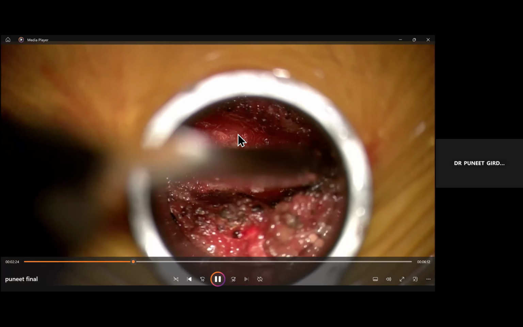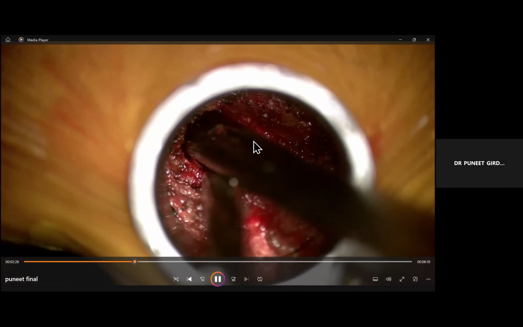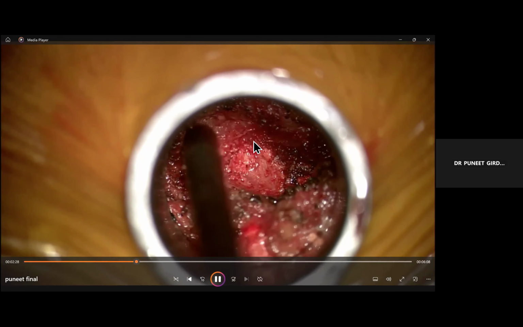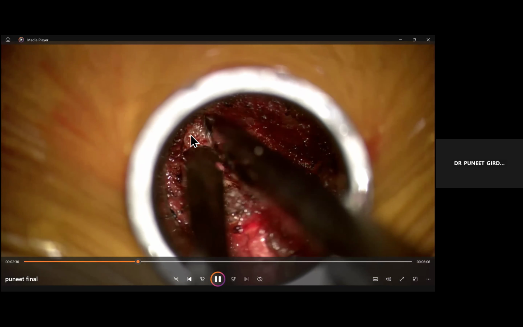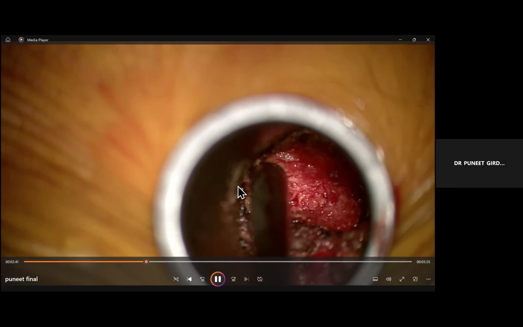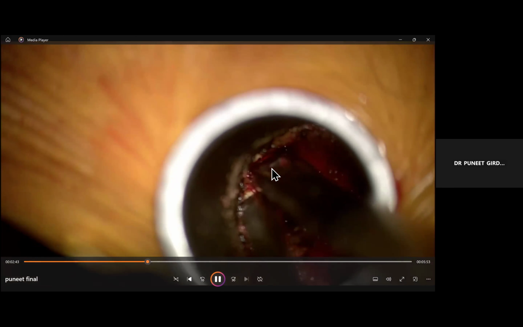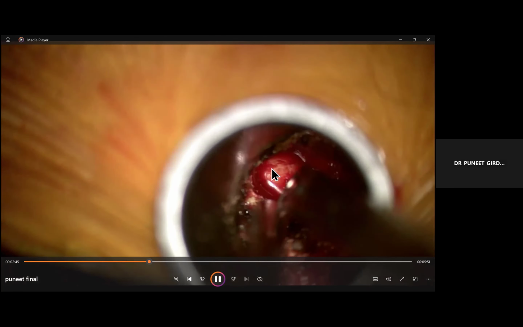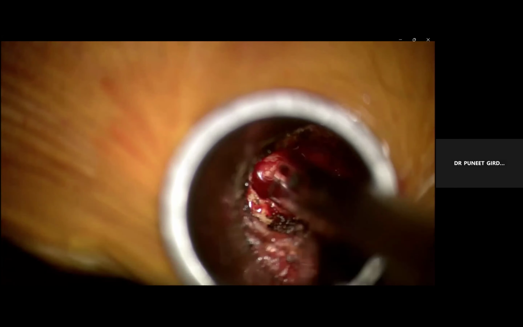And from there on, once you have the thinned lamina, you can use your regular Kerrison cutting, 2 mm or 3 mm depending upon the space. Initially, I use a 2 mm and then move on to 3 mm once you have adequate space, and go all along till the ligamentum flavum attachment. At the same time, a part of the medial facet is also being knocked off with the same Kerrison.